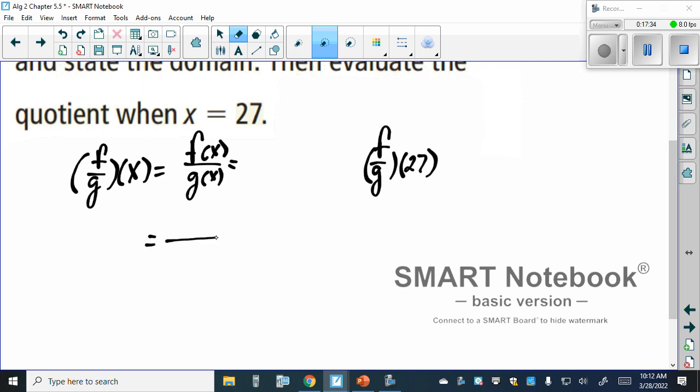Well, when we replace f of x and g of x, we would have 4x over x to the 2/3.